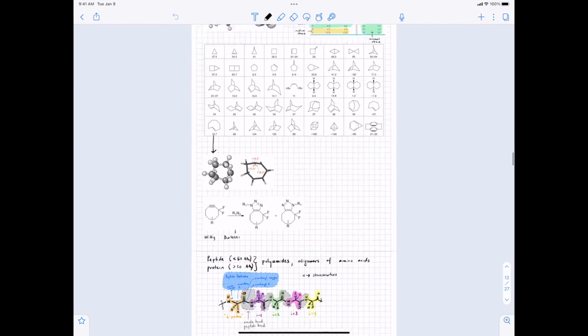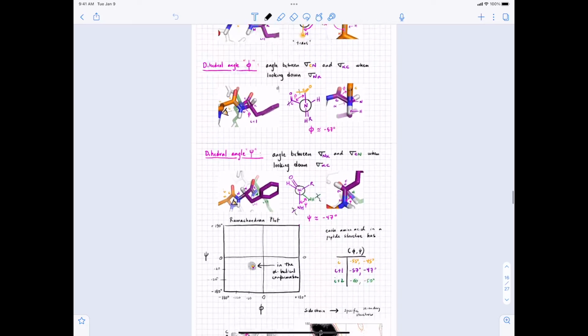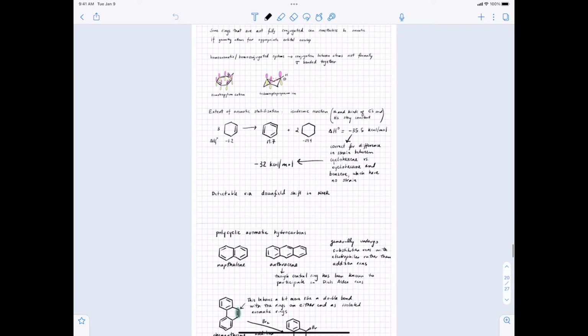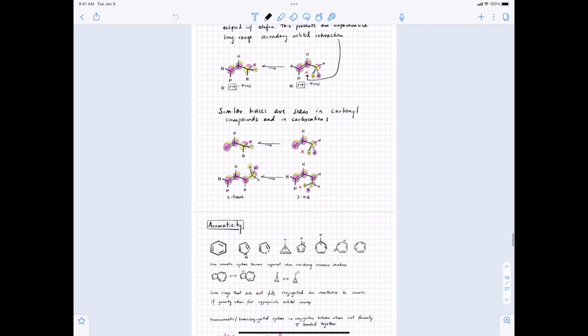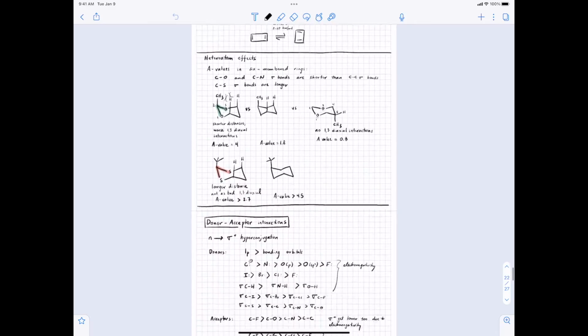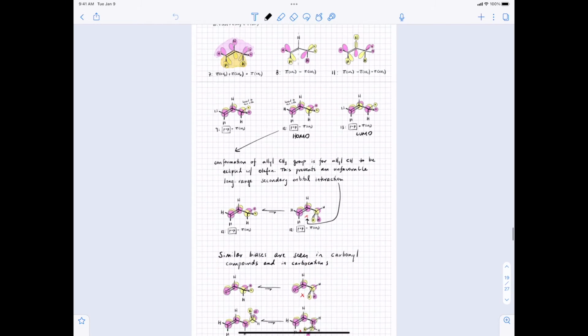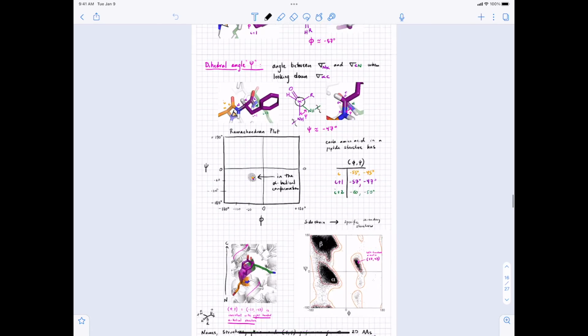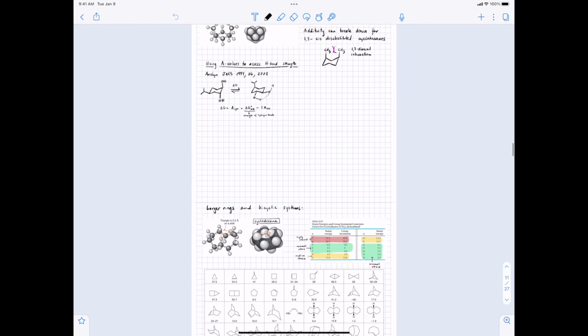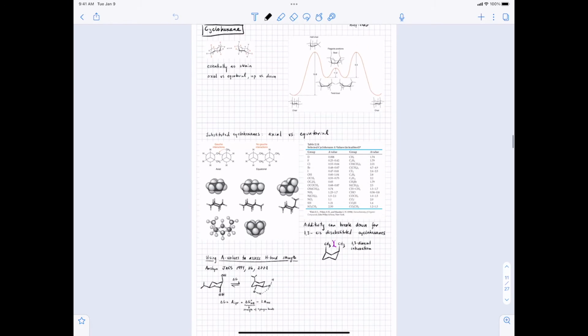See if I can show you a free energy diagram for cyclohexane. Aren't you glad I didn't do any of that? Still no, huh? Dang it. Oh, there it is.